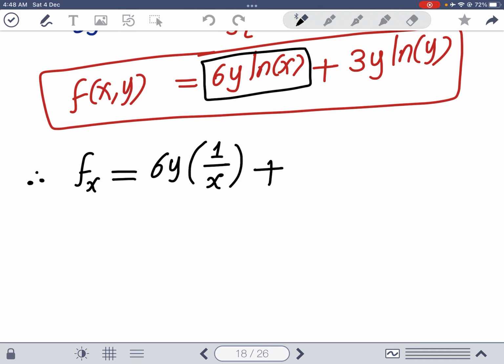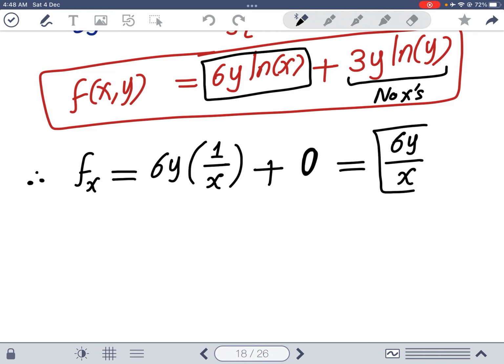Plus the derivative of this with respect to x, I see no x's in it. So the derivative is 0 with respect to x. And so the entire thing is just 6y over x. And this is the answer to the partial of f with respect to x.